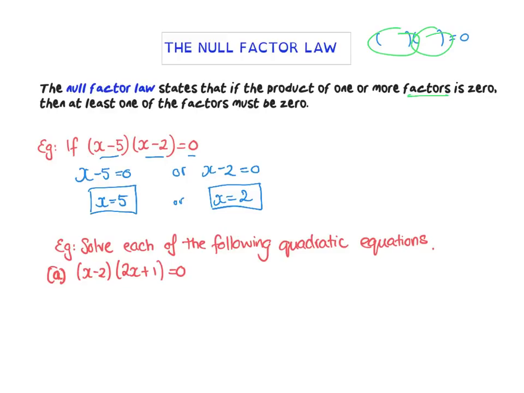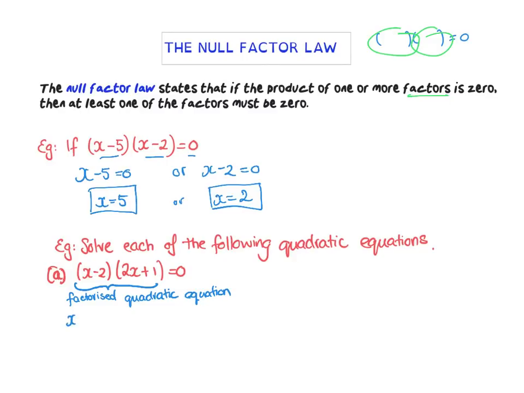Okay, so if we look at the following, solve each of the following quadratic equations. So this quadratic equation. Alright, because it's factorised, we can see the factors and it's equaling 0.